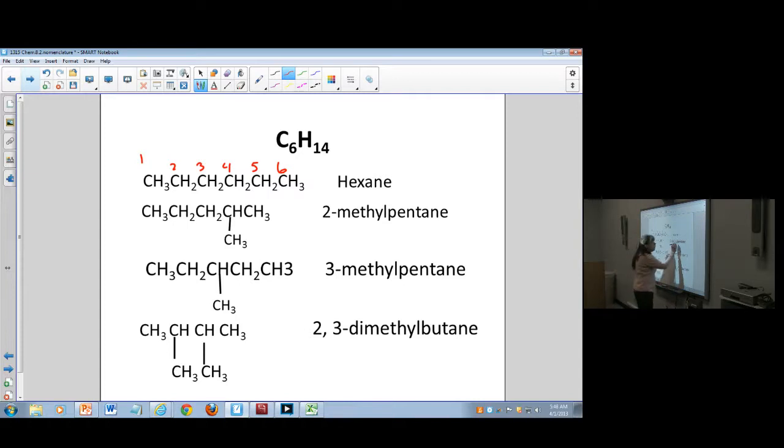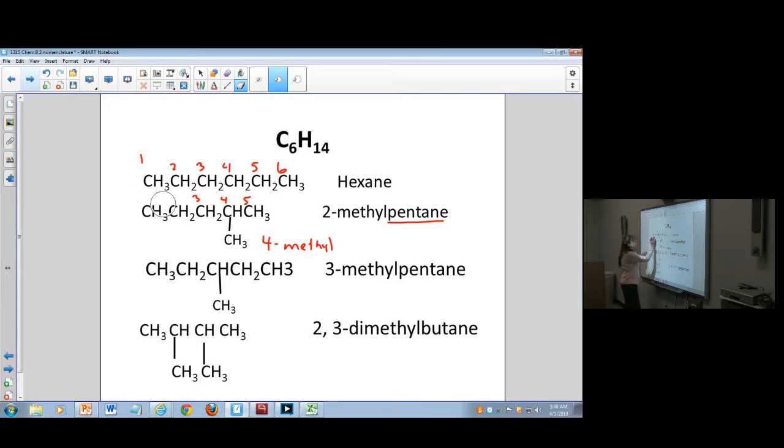I'm going to go down 1 on my carbon chain. So I'm going to have 5 carbons now instead of 6, and I'm going to look for substituents with the methyl groups or ethyl groups, but right now just methyl. And so I can make this a 2-methyl pentane. Now this looks like it might be 4-methyl pentane, right? I mean, if we number 1, 2, 3, 4, 5, that looks like it might be a 4-methyl.